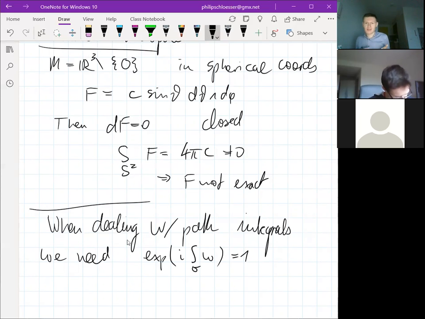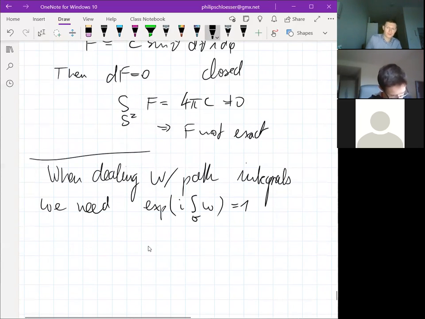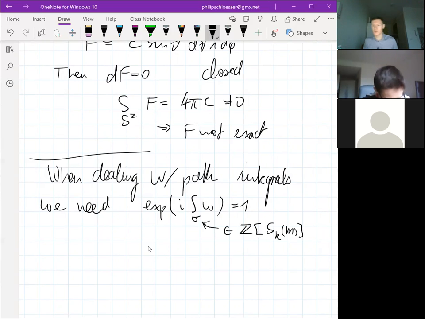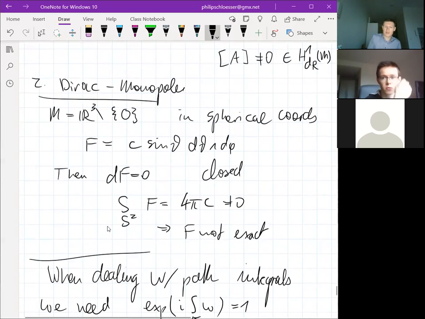So we don't need full exactness, but we need that those integrals are integers. And I guess for this we also need our sigma to just have integer coefficients.